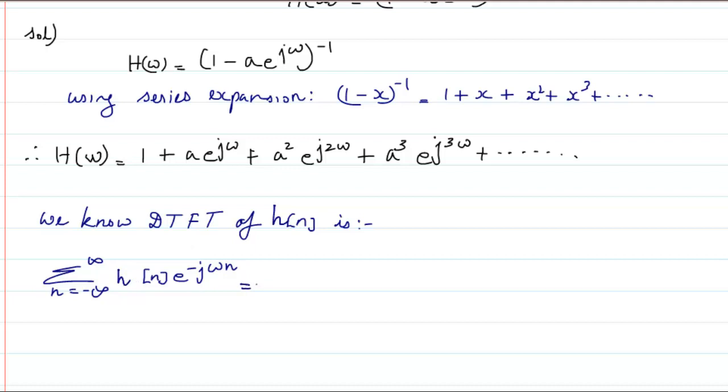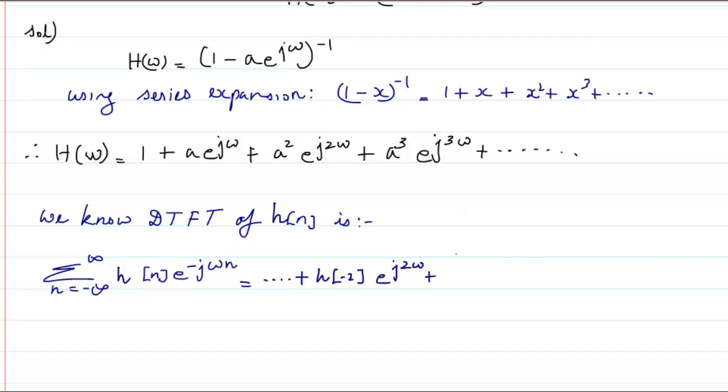So if I am going to write the equation all the way from negative values, from some minus infinity, let me say that I am talking about h of minus 2, that means n is equal to minus 2, e raised to power j twice omega, correct, plus h of minus 3 e raised to power j 3 omega.